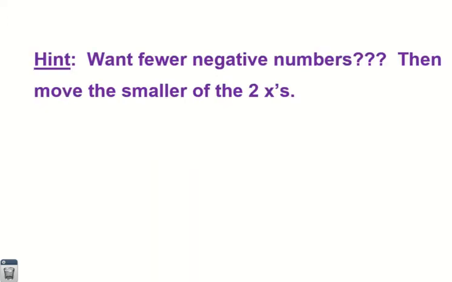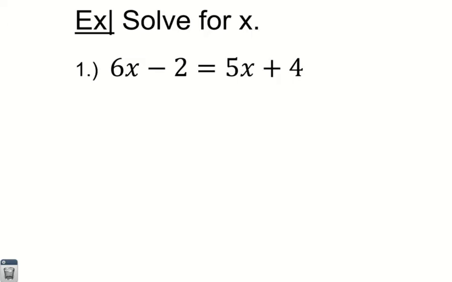And I'll explain this purple hint as we go, but want fewer negative numbers? Then move the smaller of the two x's. Here's what that means. Essentially, I have a 5x over here and a 6x over here.